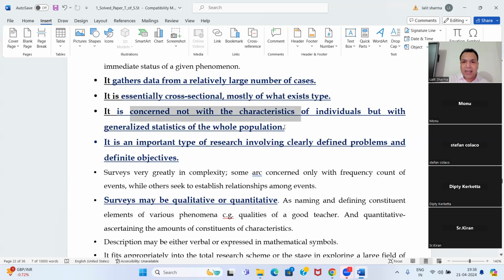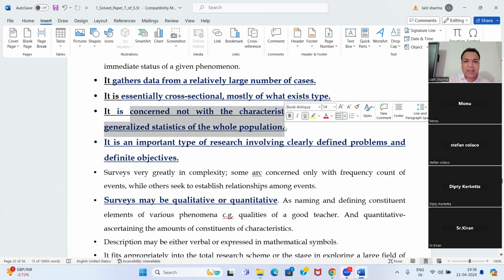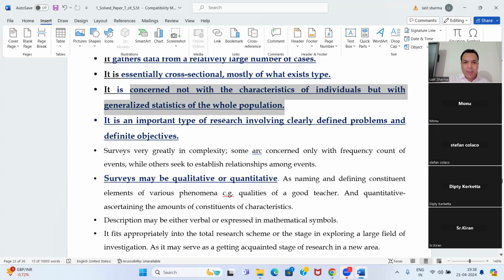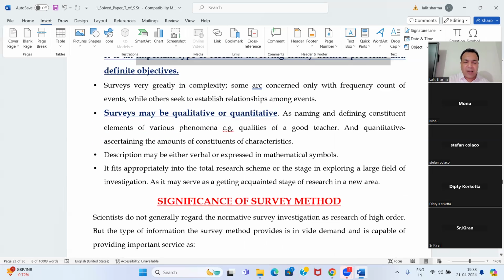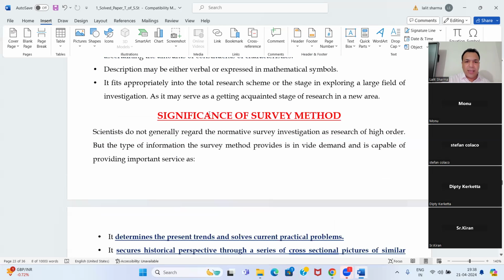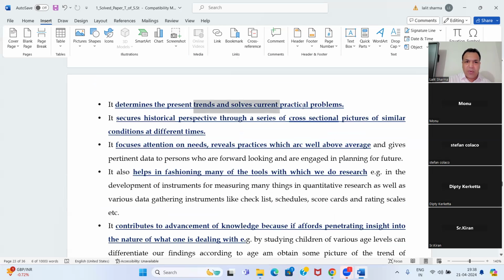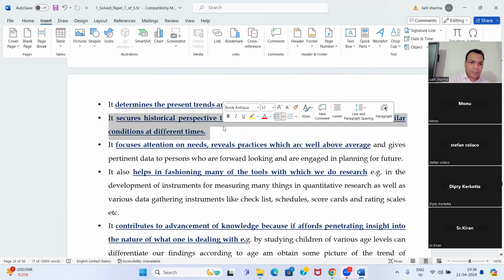It is concerned not with the characteristics of an individual, but with generalized statistics. It is an important type of research involving clearly defined problems and definite objectives. Surveys may be qualitative and quantitative. The significance ahead is the same, okay? It determines present trends and solves current practical problems. It secures historical perspective through a series of cross-sectional studies.